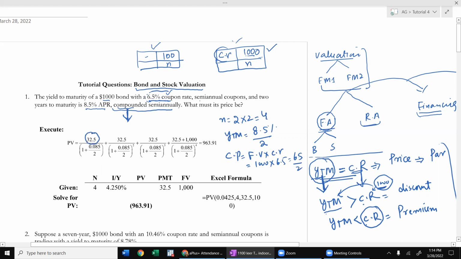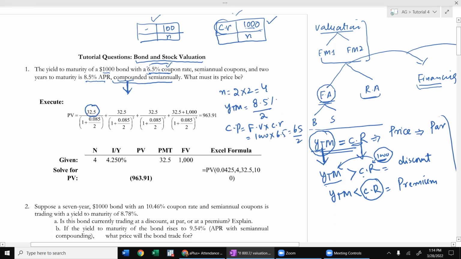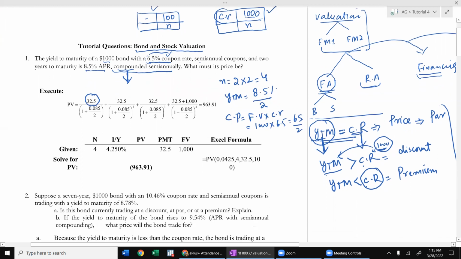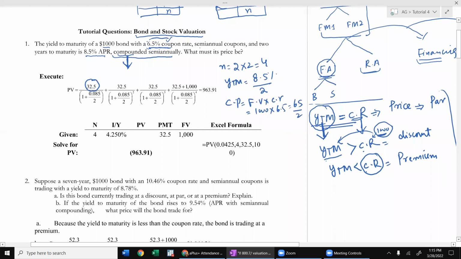Okay, so instead of writing the individual formula, you can also calculate this answer using annuity.